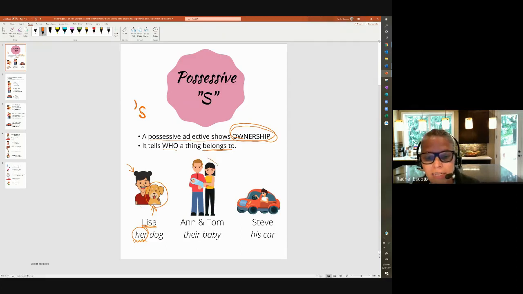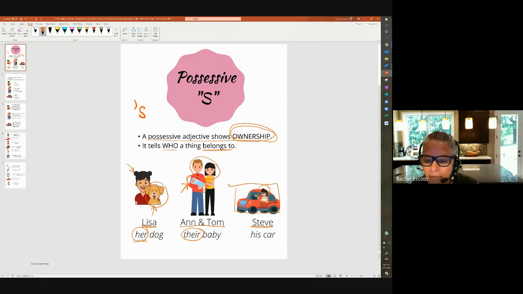So here's Anne and Tom. Anne and Tom have a baby. And because Anne and Tom are they, the possessive adjective that goes with they is their. We say their baby. This is their baby. Now here's Steve. Here's Steve's car, right?